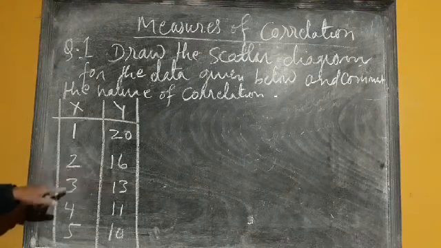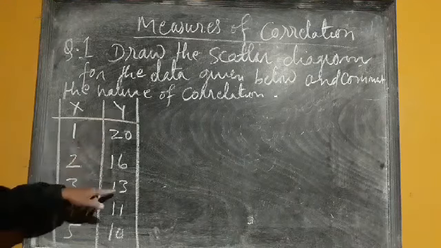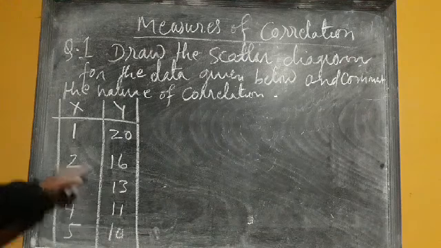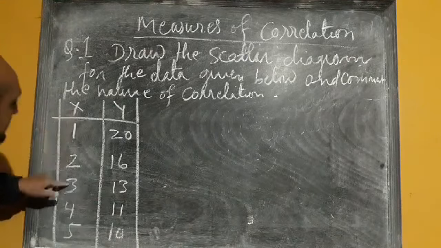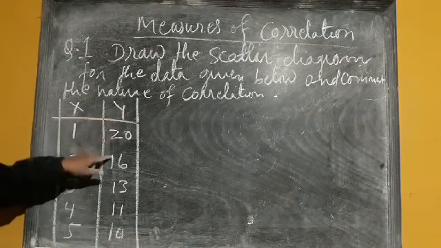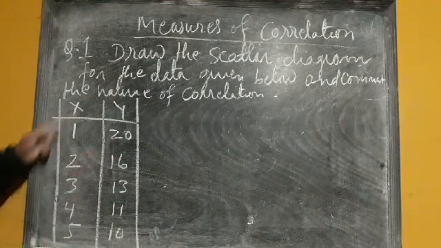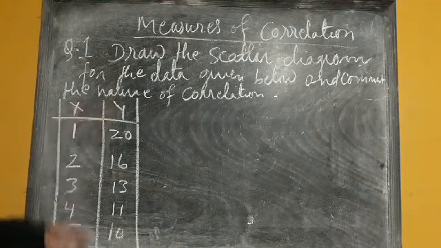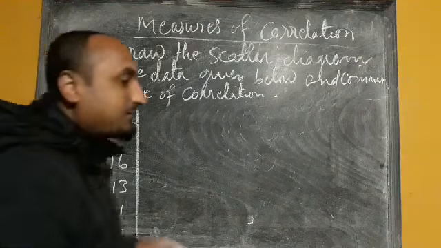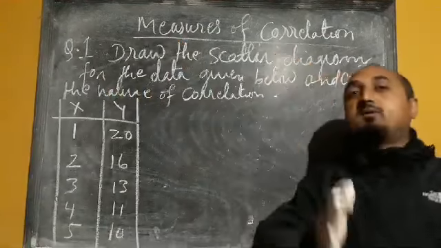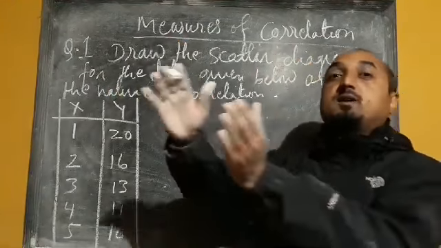When the value of x is 3, the value of y is 30. That means we can see that when the value of x is increasing, the value of y is decreasing. When the value of x is 5, the value of y has decreased to 10. That means if one value is increasing, the other value is decreasing.